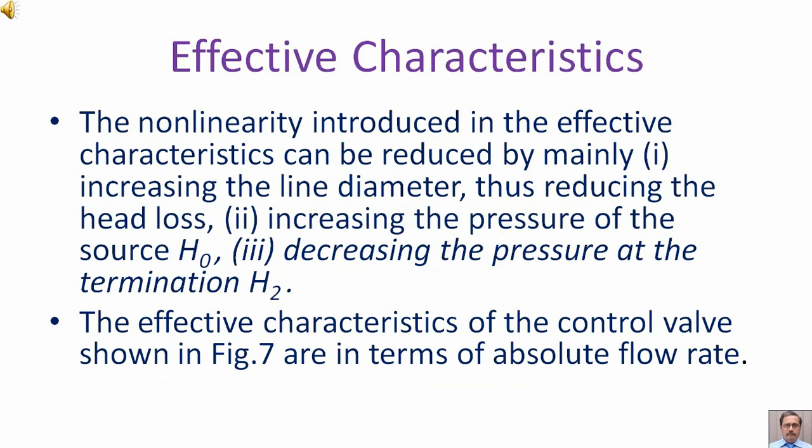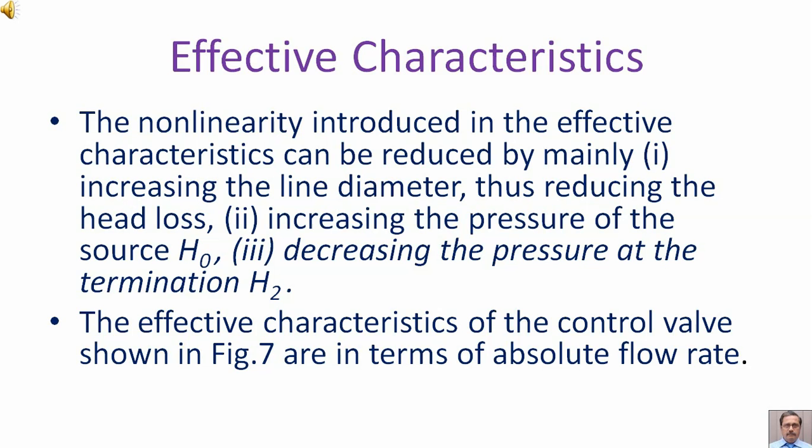The non-linearity introduced in the effective characteristics can be reduced by, mainly, point 1, increasing the line diameter, thus reducing the head loss. Second point, increasing the pressure of the source H0. Third point, decreasing the pressure at the termination H2.